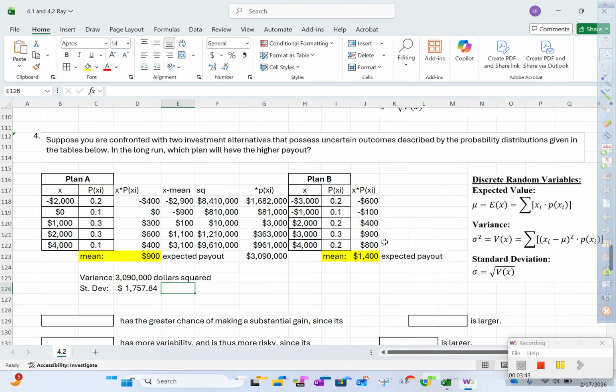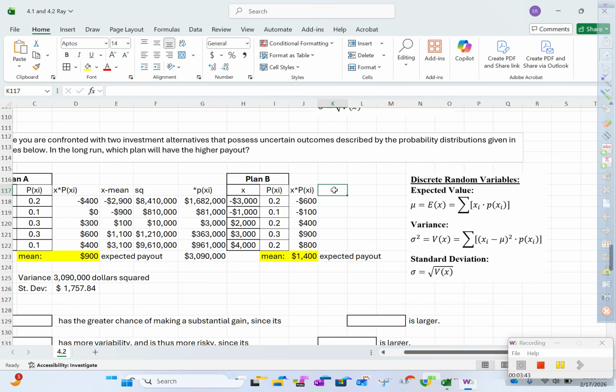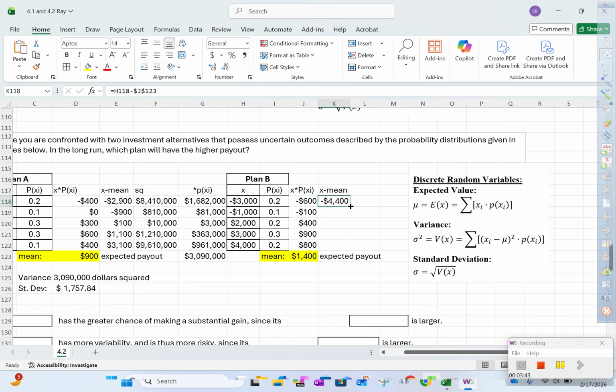Okay, we're going to repeat that process over here just for practice. It lets us compare these two things. We're going to take our x minus our mean first. Remember, our x is our sales from over here, and our mean was this expected value down here that we're going to lock in. Then we can drag it down. Next thing our formula says to do is square those things, raise it to that second power.